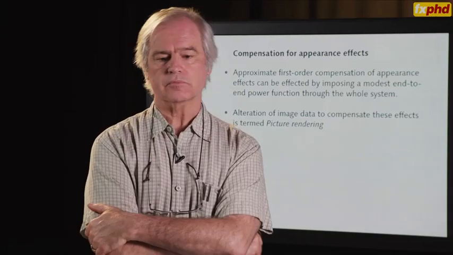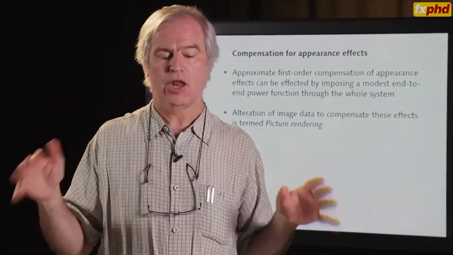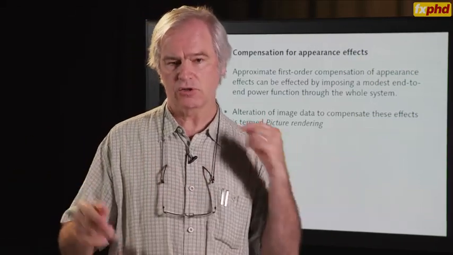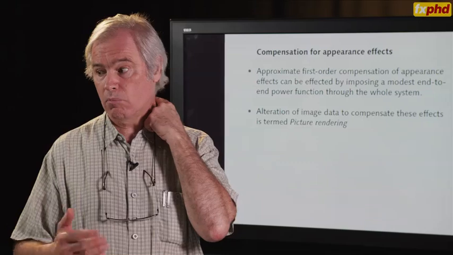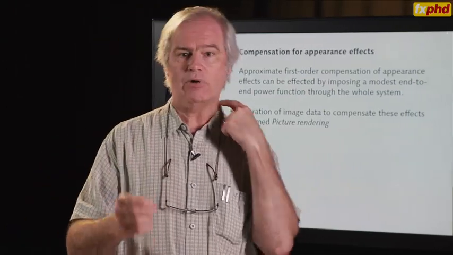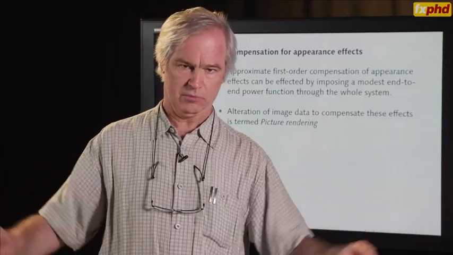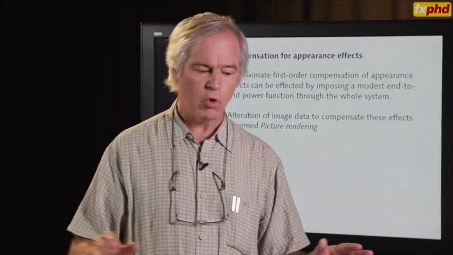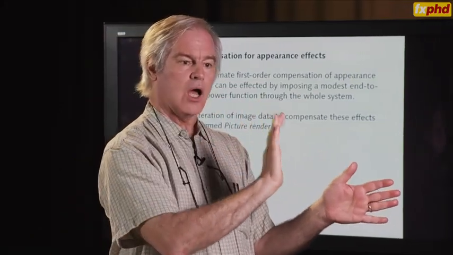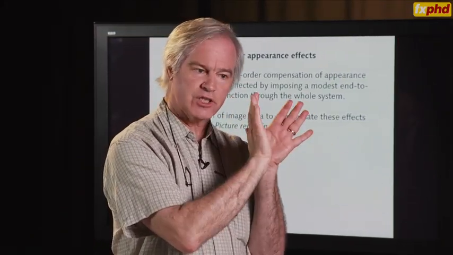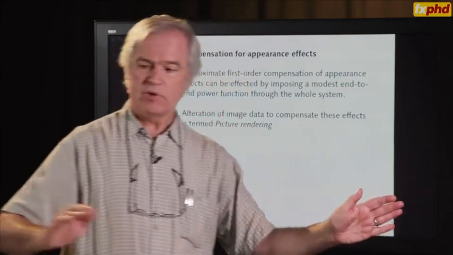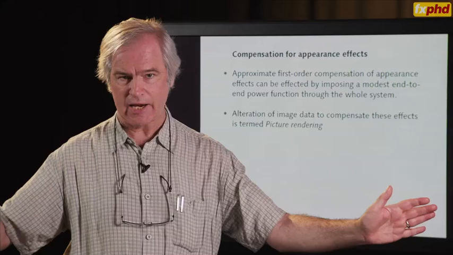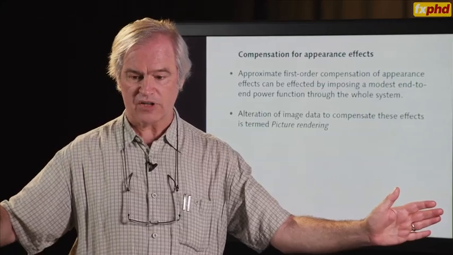In video, we also apply a transform in the signal chain, but the transform that we apply is much more subtle. It doesn't show up at any particular point in the system. Instead, in HD, what we do is we do an electro-optical conversion function at the display, call it 2.4 gamma, and we tweak the gamma at the camera such that that appearance effect is overcome.